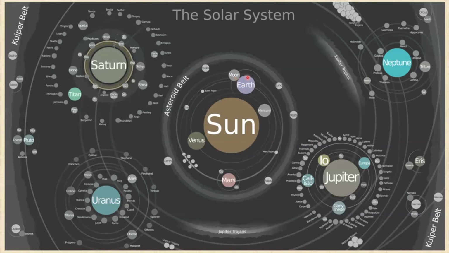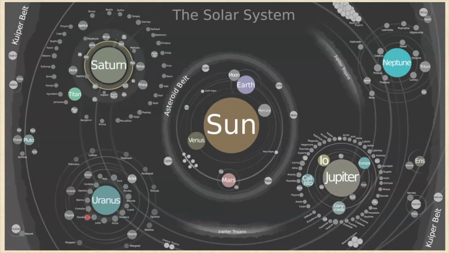And here Mars has Phobos and Deimos. And Ceres is one of the largest objects in the asteroid belt. Others are Hygiea, Juno, Vesta, Pallas. Triton is the largest moon of Neptune, and Saturn has Titan.